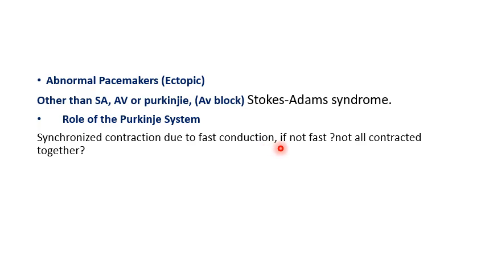If it wasn't fast, not all places in the ventricles would contract at the same time, and that would affect the efficiency of the heart pumping. It would be maybe 20 or 30% less efficient than with fast conduction.